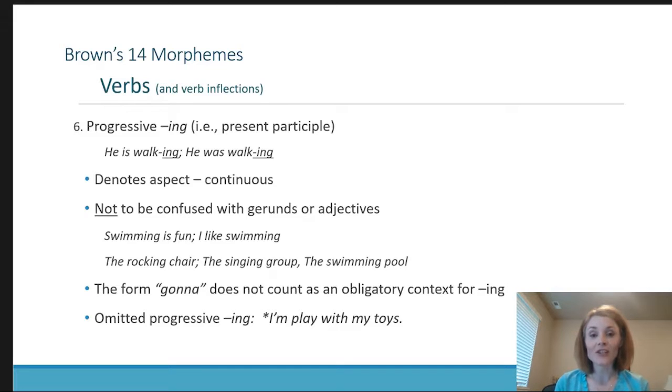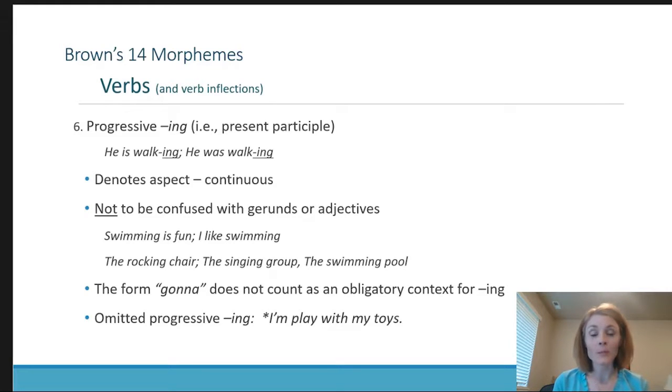And progressive ing is also referred to as a present participle or present progressive ing. And I don't really like that name for it because I think it's confusing. The word present indicates that it has something to do with tense, which it actually doesn't. The ing in progressive ing indicates the aspect of a verb, but not the tense.